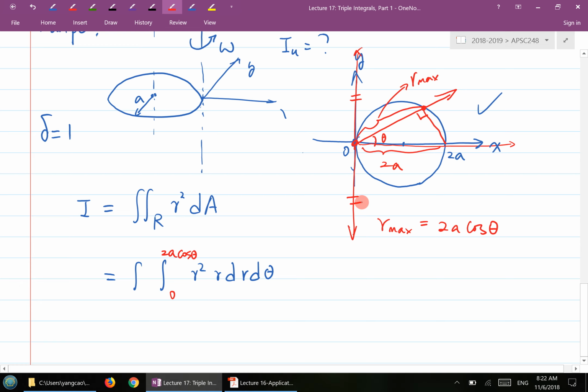I find it interesting, in the past there are different ideas in terms of angles here. What do you think? What's the angle associated with R min and R max?